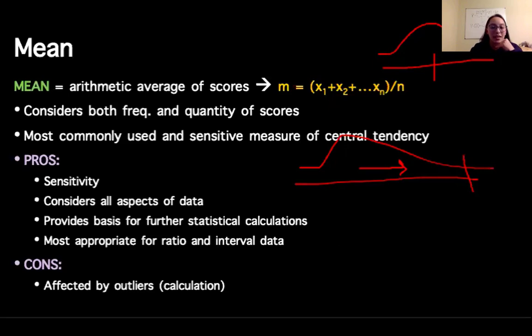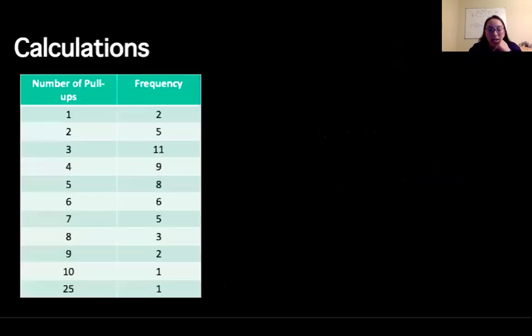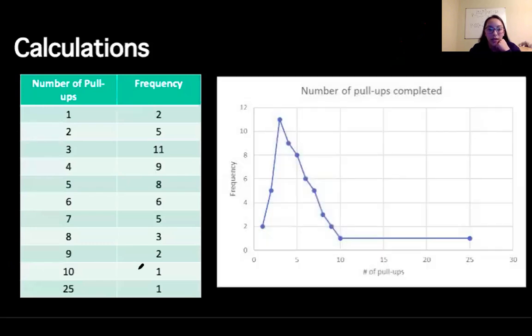Okay, our last slide is looking at a frequency distribution, and then I also have a graph. So if we graphed all of this out, in a line, it would look like this, okay? Clearly, we do not have a normal distribution because this person is out here, right?